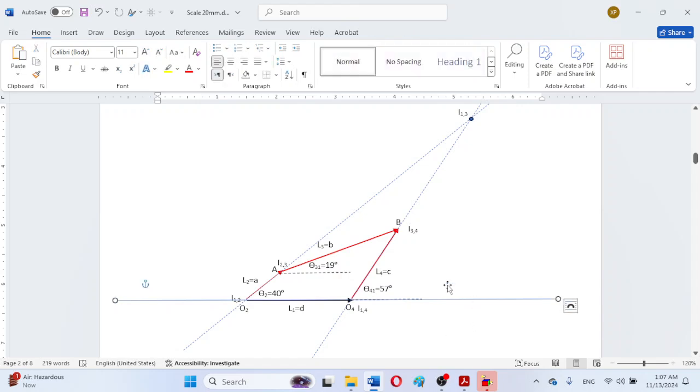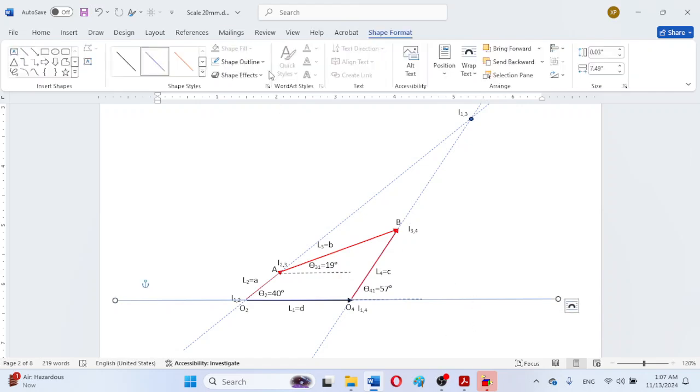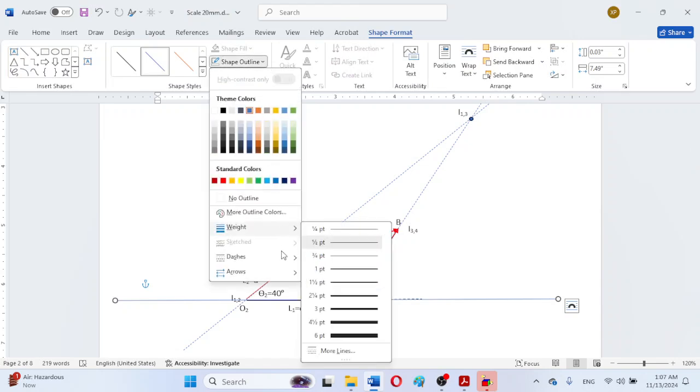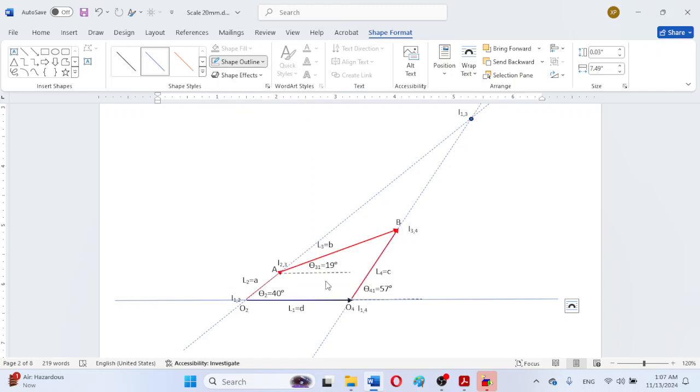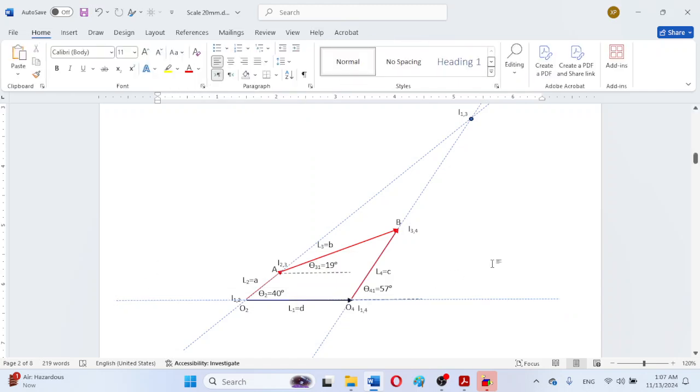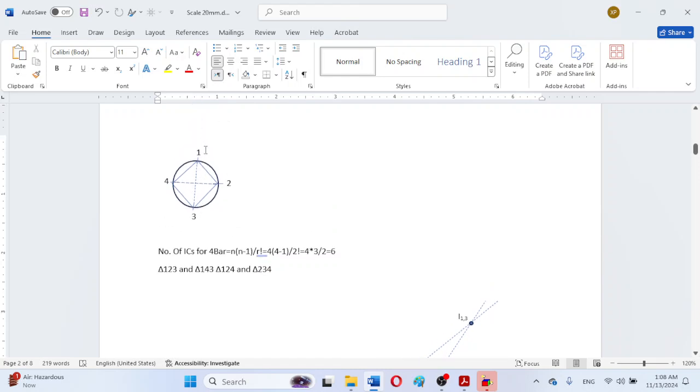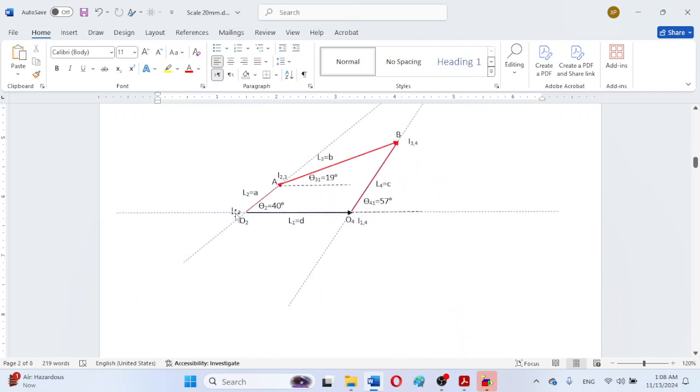Again change the outline pattern to a dashed pattern like this. The third instant center 4 comma 2 will be located on the line connecting 1 comma 2 and 1 comma 4.